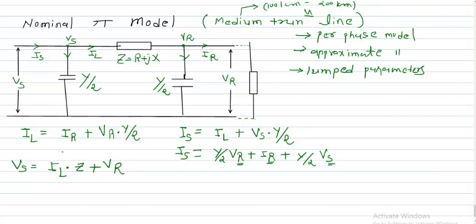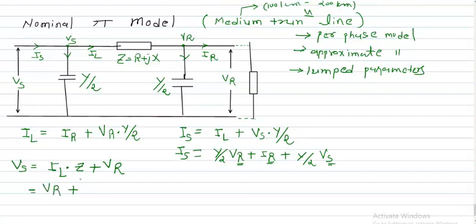So I will put the equation of IL here, because Vs is basically VR plus this drop, that is IL into Z. Now I can put the IL equation that we have calculated here, right? So what is the answer?